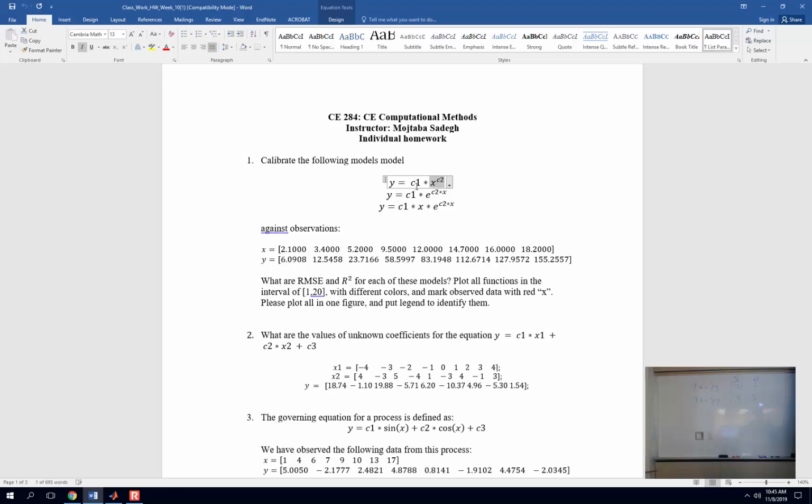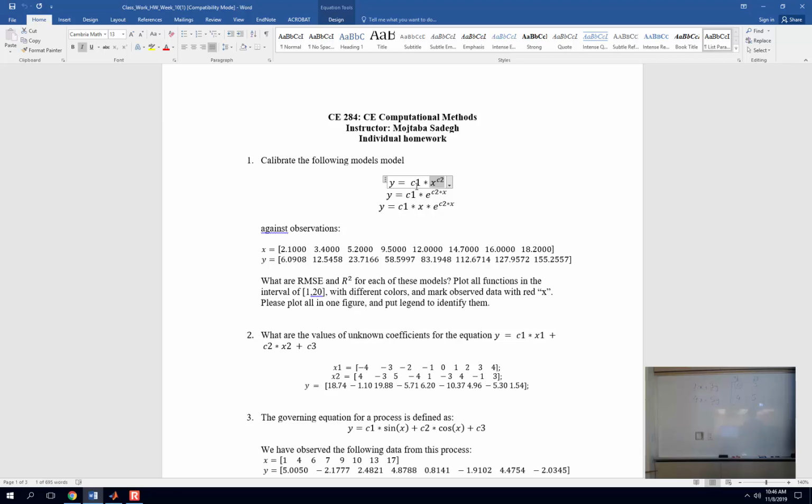So what we need to do is separate these unknowns from one another. How do I separate C1 and C2? Can you think of a transformation that would separate C1 and C2 from one another?